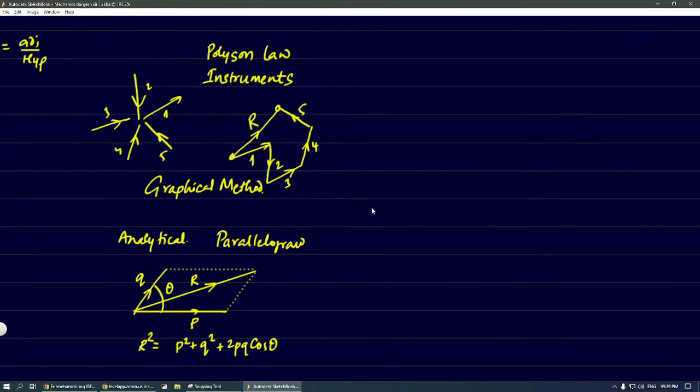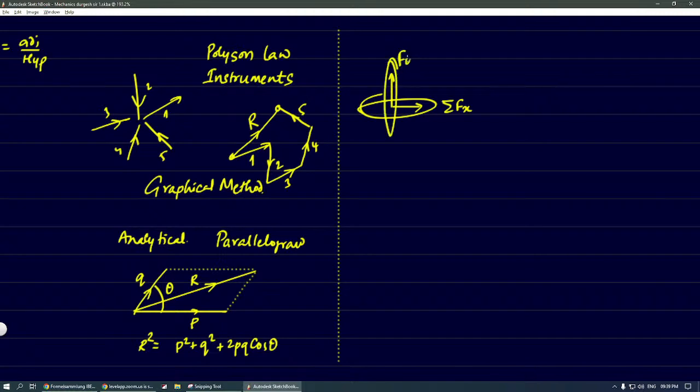We divide every force into a vertical component and a horizontal component. Then all horizontal components can be added up, and all vertical components can be added up. Once you have the vertical and horizontal components, you can find the resultant by combining them back.